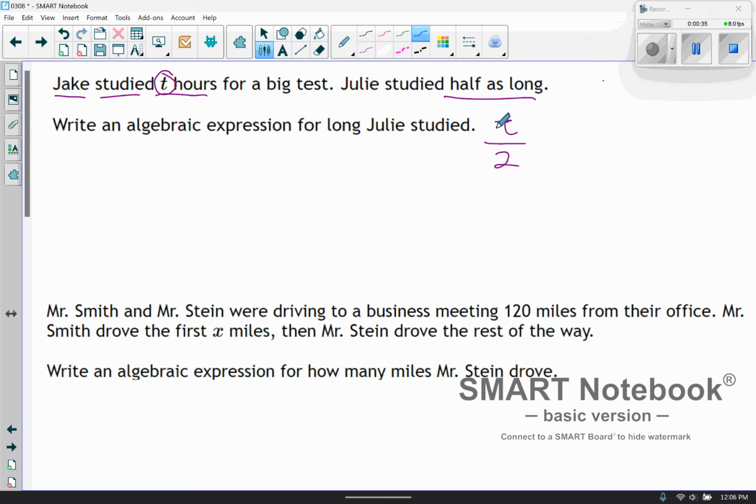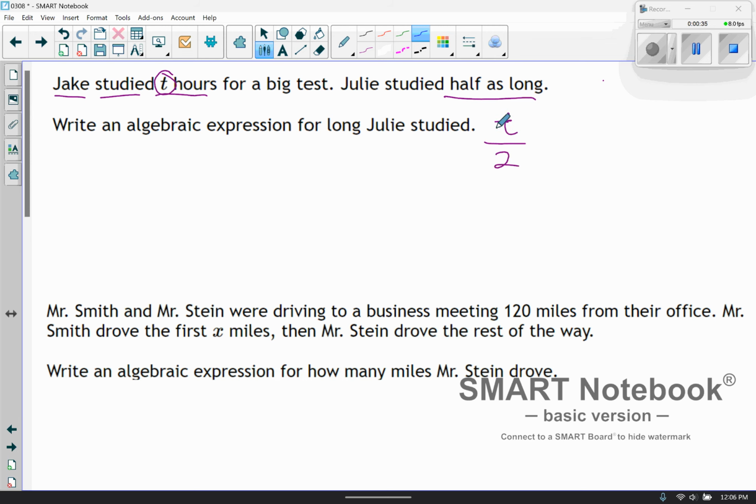So Mr. Smith drove first, and then Mrs. Stein drove, and so he's gonna knock out part of that 120 miles. So the total drive's 120 miles, but we're gonna subtract off X because Mr. Smith drove part of that first 120 miles. So whatever Mr. Smith drove, subtract that off of 120, and that's left for Mrs. Stein to drive. And there we go.